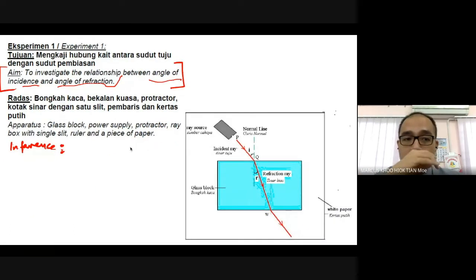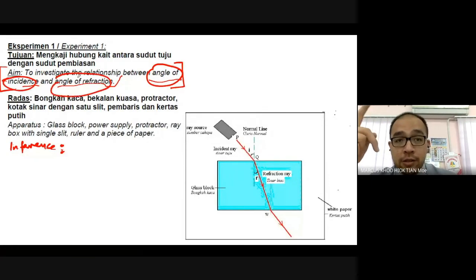Everything comes from the inference. The two important things are what we want to find the relationship between. In this case, we want to find the relationship between the angle of incidence and the angle of refraction. I think that Nikki has gotten the idea correct. The angle of incidence is the manipulated variable, and the angle of refraction is the responding variable.